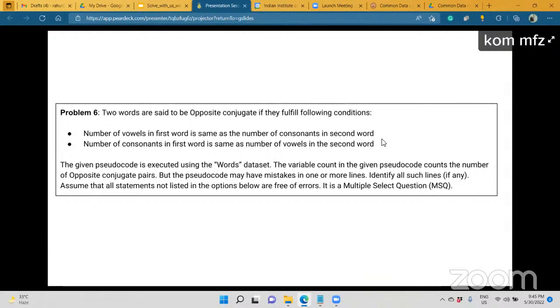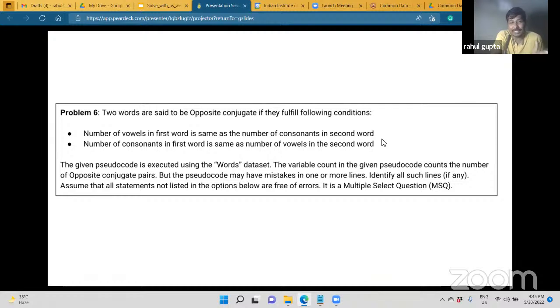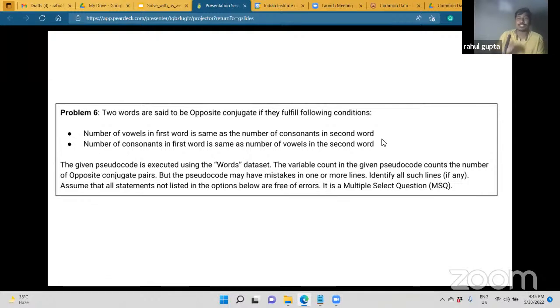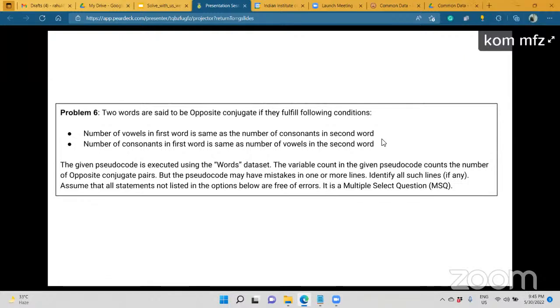Right. I think the letter count should be same. Letter count will be same. That is the consequence of this question. And order need not be same. Sir, code options, please. Yeah, I think most of you get the question now. I will go to the pseudocode.